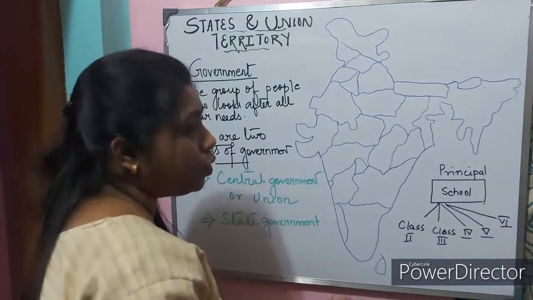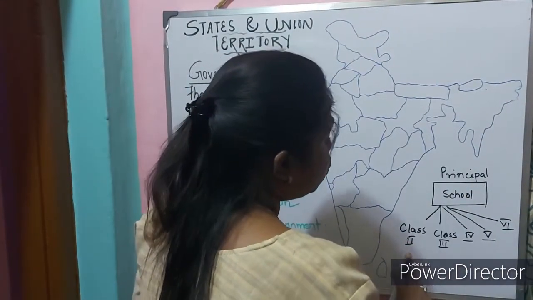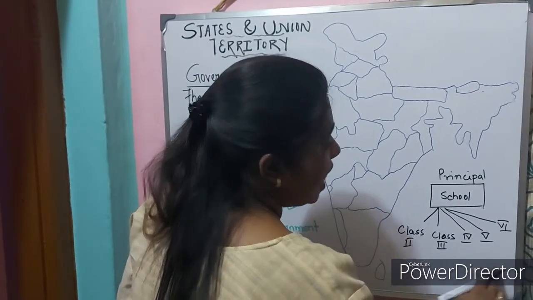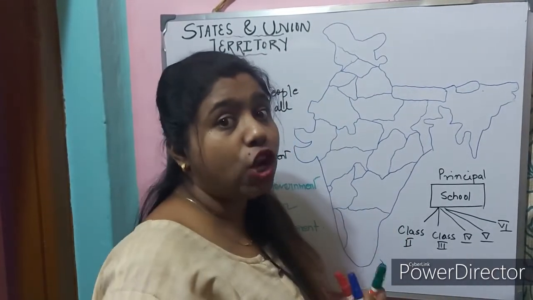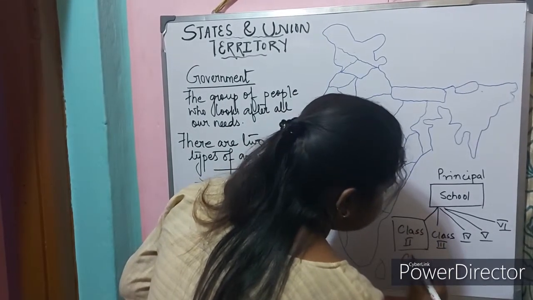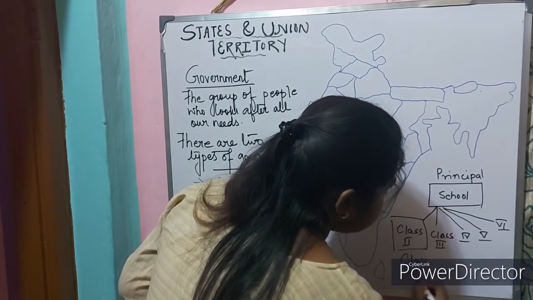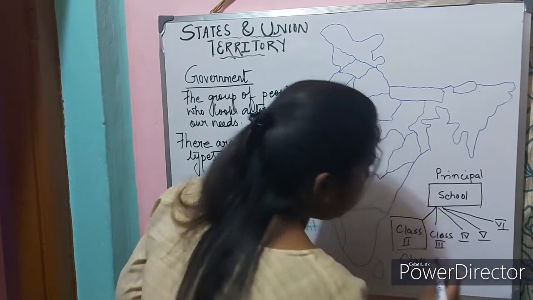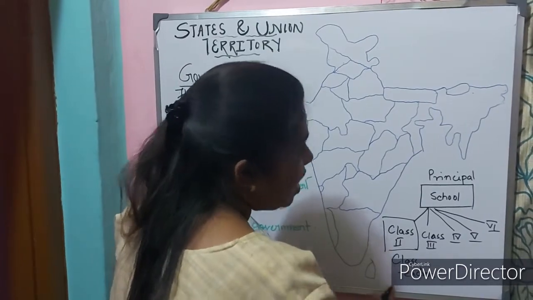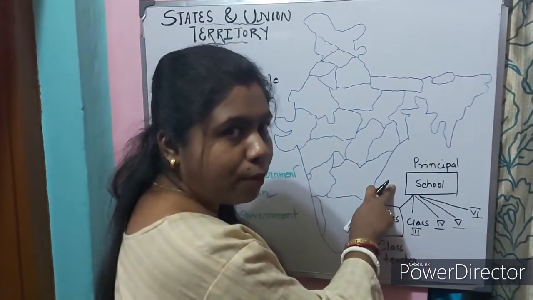Now, it is not possible for the principal to understand or to see the needs of every class every time. Who actually looks after the needs of every class? The class teacher. Every class has its class teacher who tries to understand the problems faced by the students and then informs the principal about the problems, right?